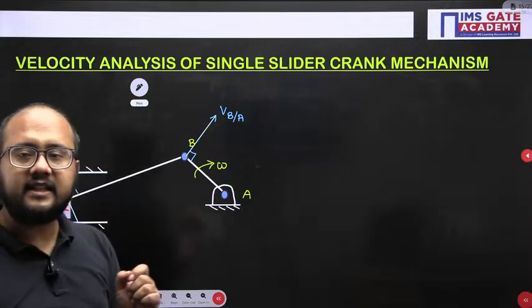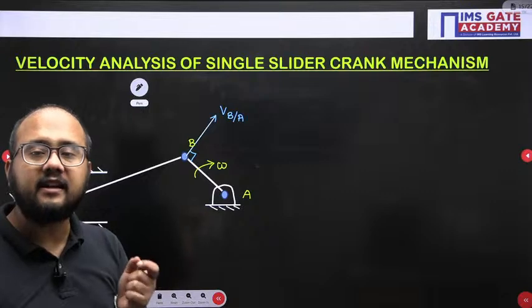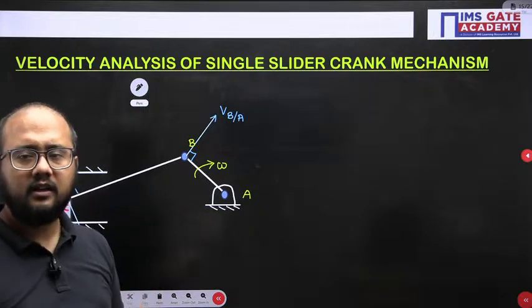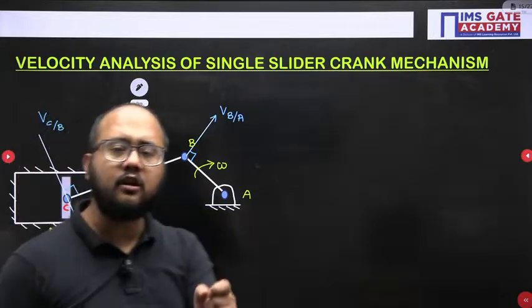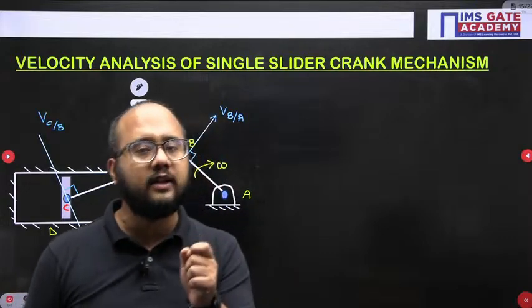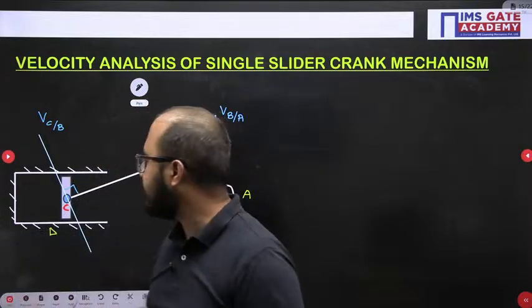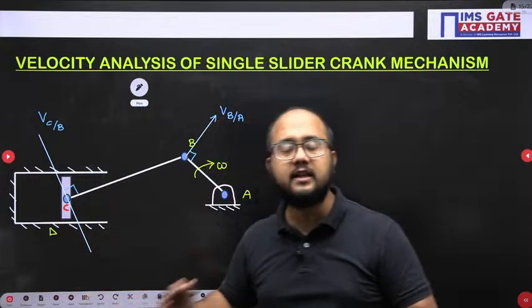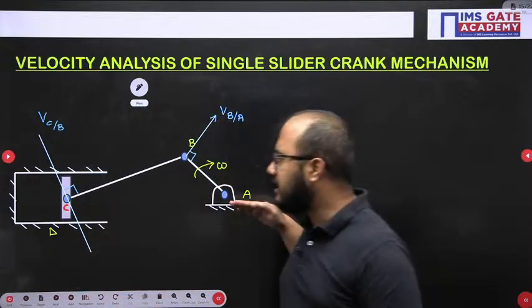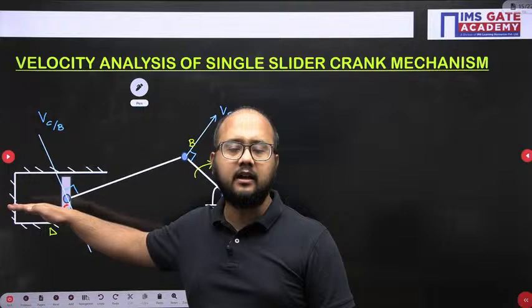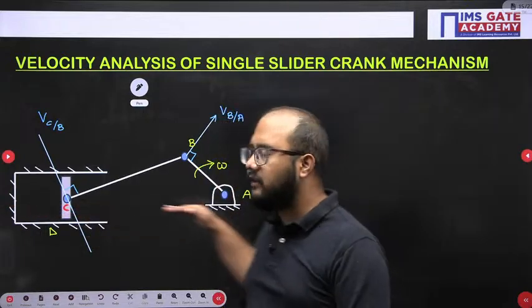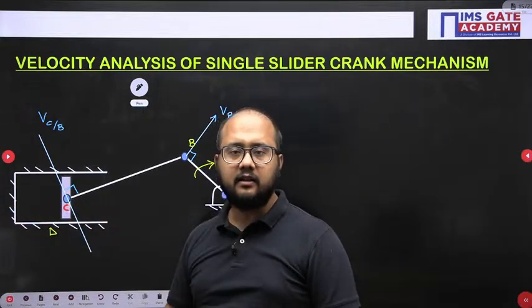Whenever we are writing C with respect to D, please understand a very basic point. We need to observe the motion of link C with respect to D. The motion of link C with respect to D is in a horizontal line because it is sliding, reciprocating. So the velocity vector will be along a horizontal line.